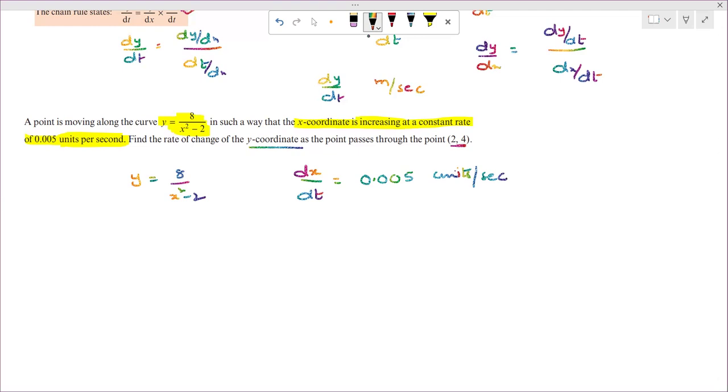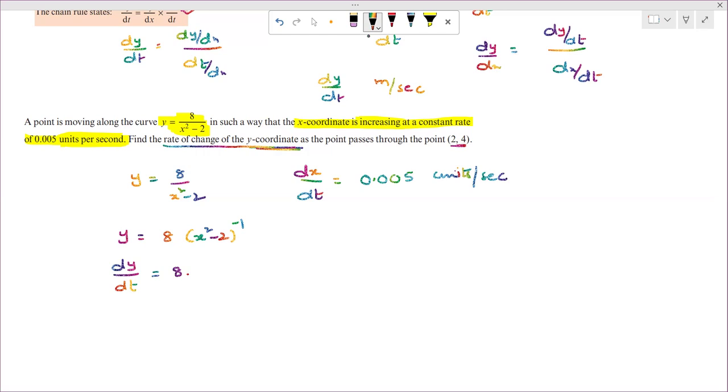Now if I am doing chain rule, it is easy to simplify. So I am writing 8 into x square minus 2 whole to the power of minus 1, and differentiating with respect to t, because we need to find the rate of change in y, so dy by dt. One thing you need to remember: whenever y and x are both given with respect to t, y differentiation will be dy by dt.